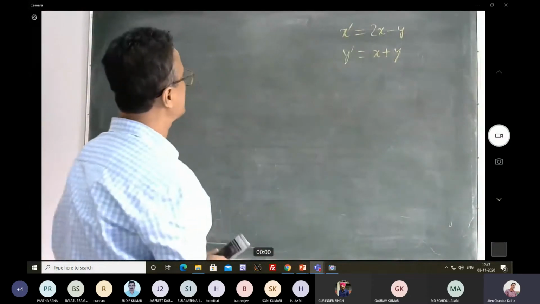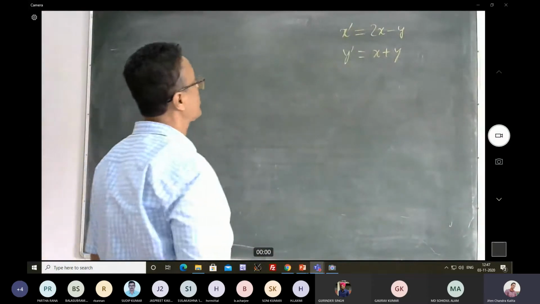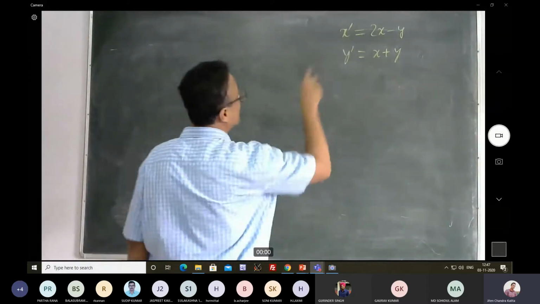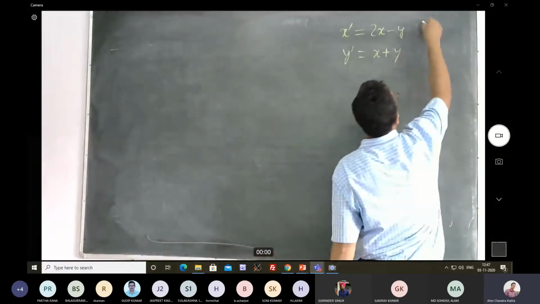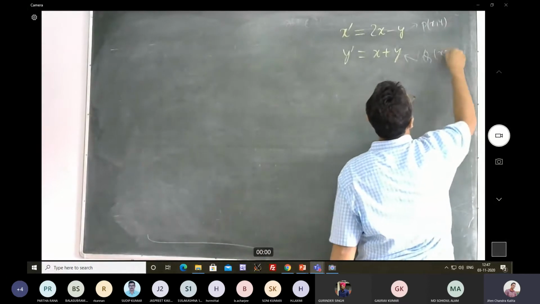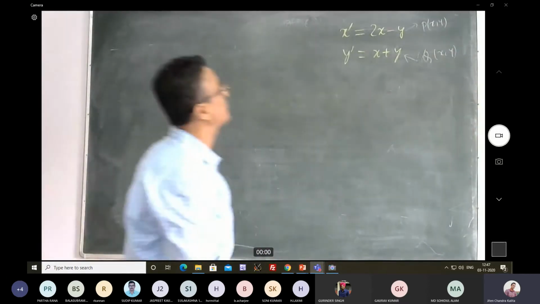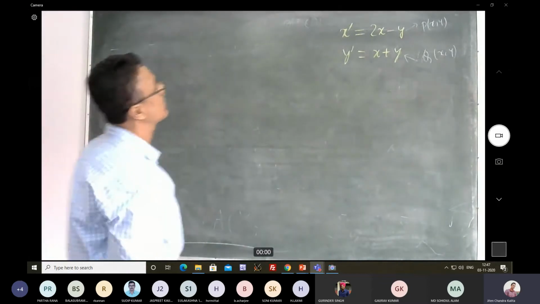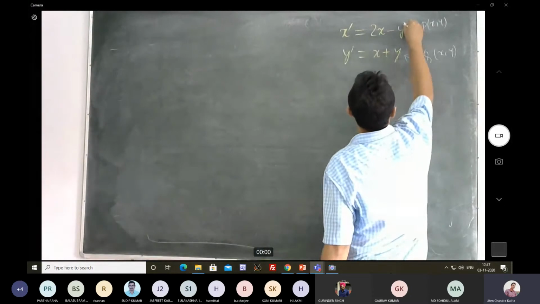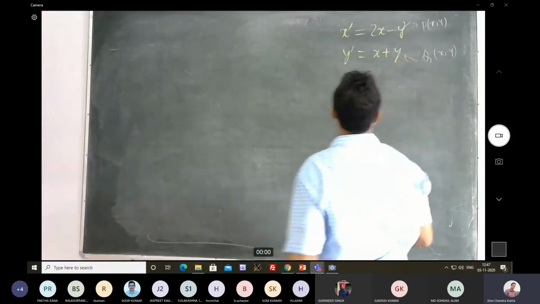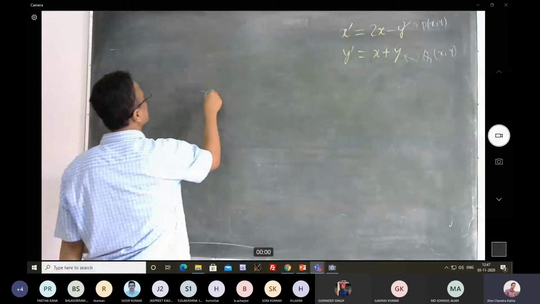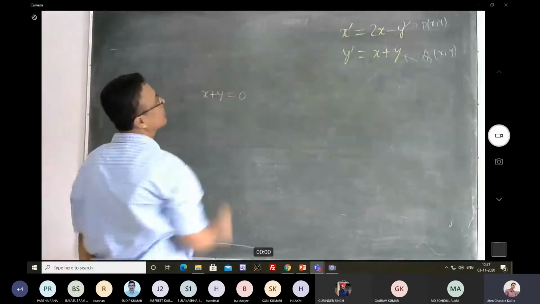Okay, so firstly, you have to find out the critical points. In order to find the critical points, you have to plug in the right hand side. So this part is nothing but p(x,y), and this is nothing but q(x,y). If I set p and q to 0, this is y squared. Now the second equation gives you x plus y equal to 0.